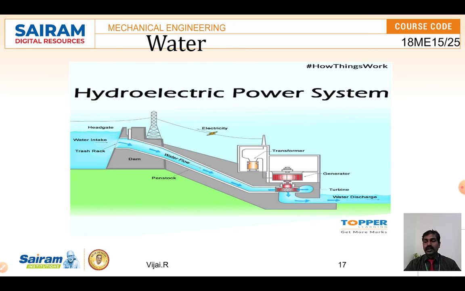Moreover, the area of the penstock is reduced, so that more velocity is produced. When the water comes from the top in a higher diameter and is shrunk to a lower diameter nozzle, the velocity increases, so that it will rotate the turbine faster.